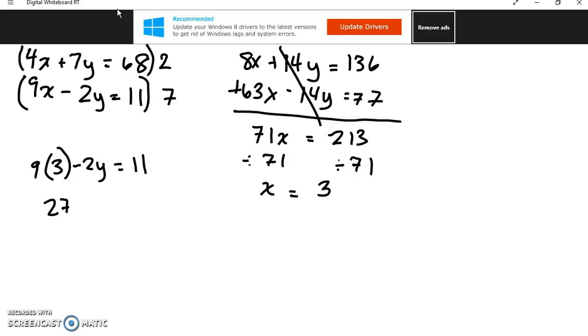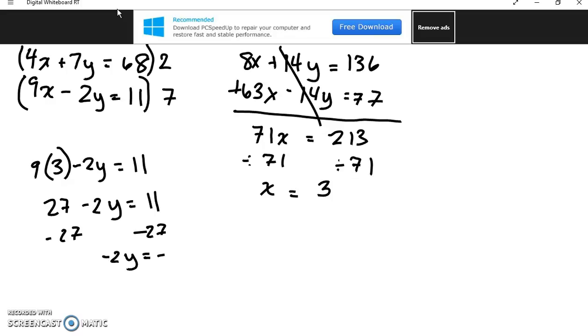So 27 minus 2y equals 11, minus 27 from both sides, minus 2y equals minus 16, divide both sides by negative 2, and y leaves me with a value of 8. So I have x equals 3, y equals 8.